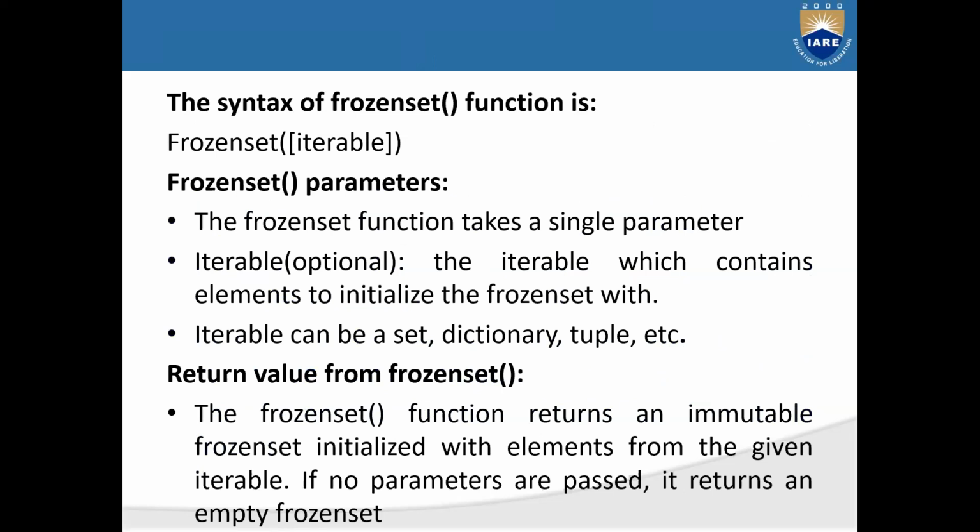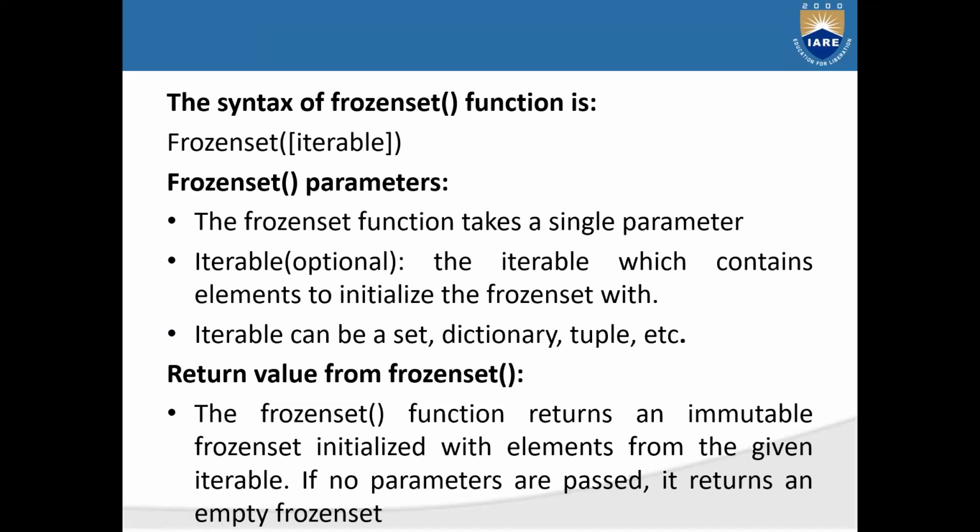So this is the syntax for the frozen set. Simply we can give frozenset of iterable, and this particular iterable is optional. You can give it or you can leave it. For frozen set parameters, it has only a single parameter, that is iterable. This iterable consists of elements to initialize the frozen set with.